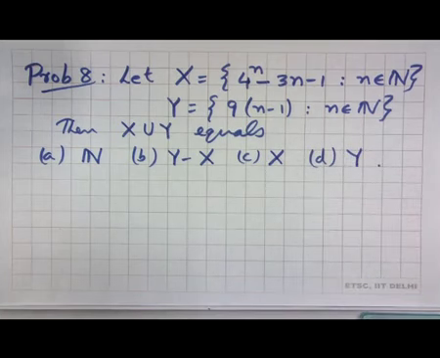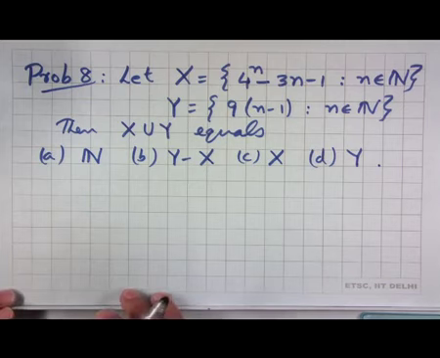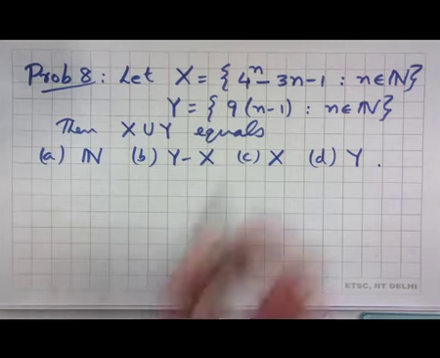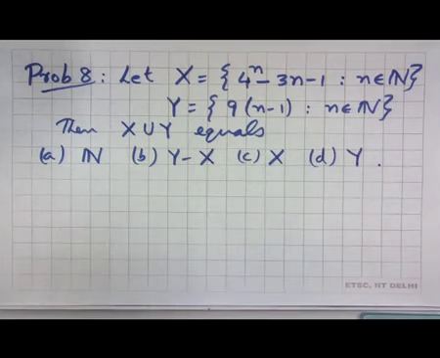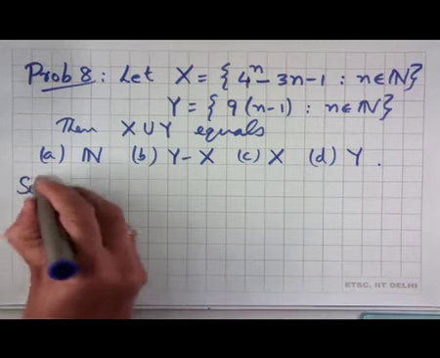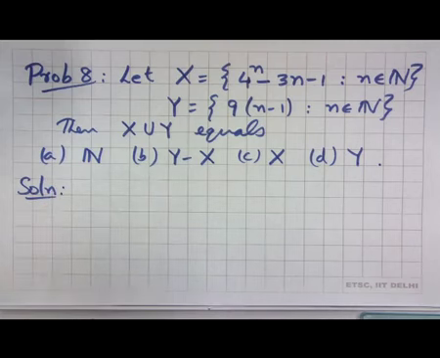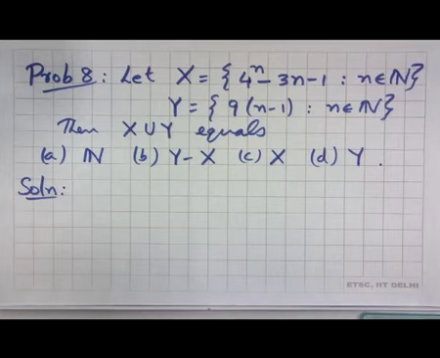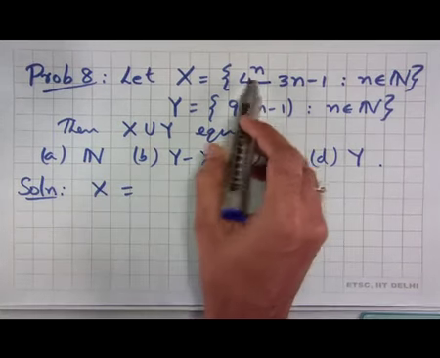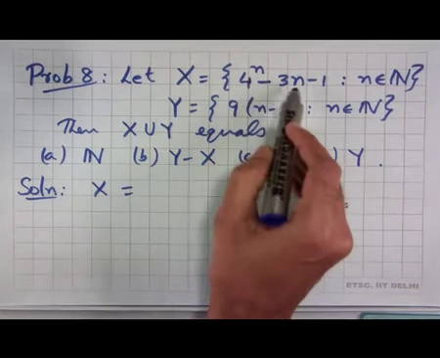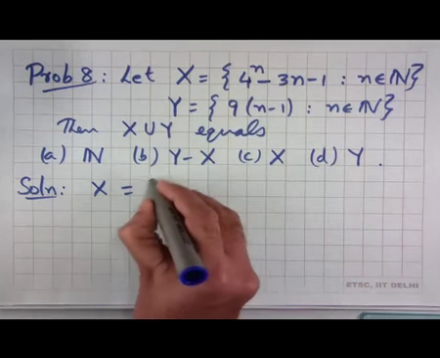So, this is a multiple choice question and we are given the sets X and Y written in set builder form, and we have to find what X union Y is. To do such a problem, you can try to write down the first few elements of X and Y. If I put n equal to 1 in X, this is 4 minus 3 minus 1, so the first element is 0.